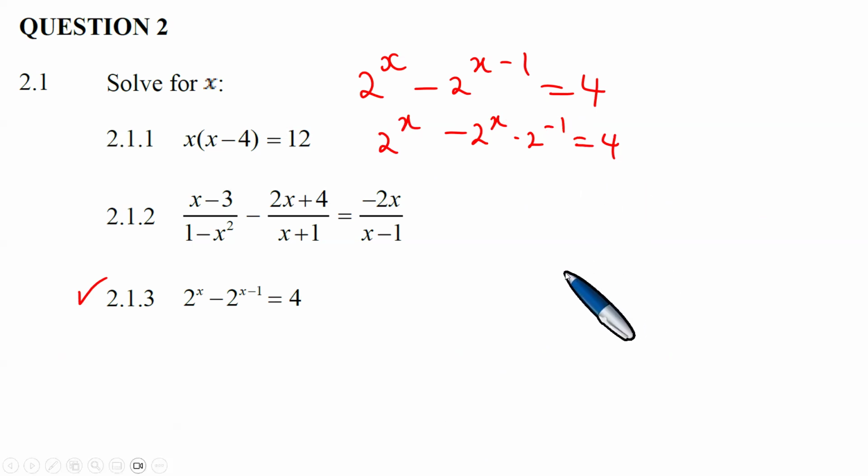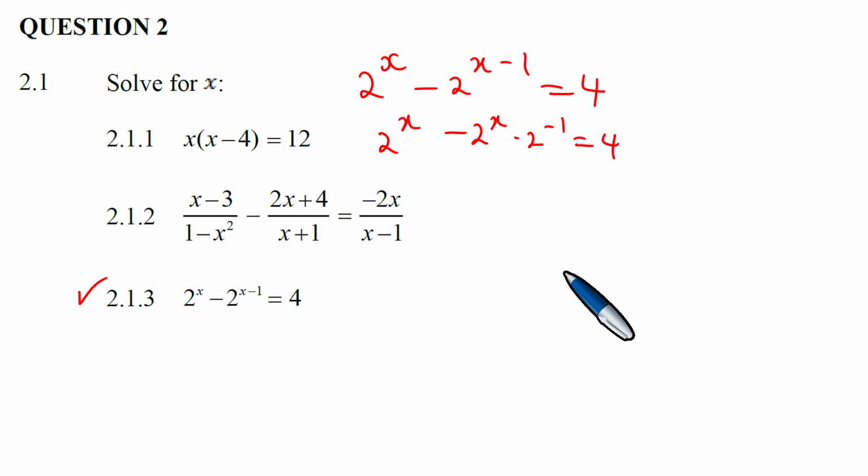And then what do we do now here? After doing this, what do we do next? Is there a common factor there? What is the common factor there?